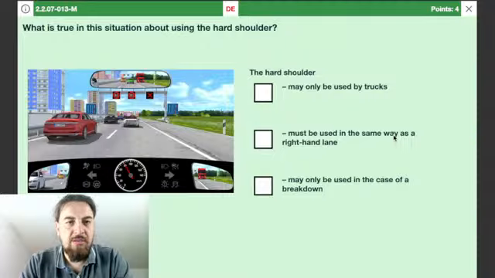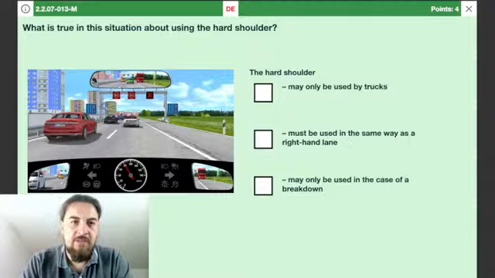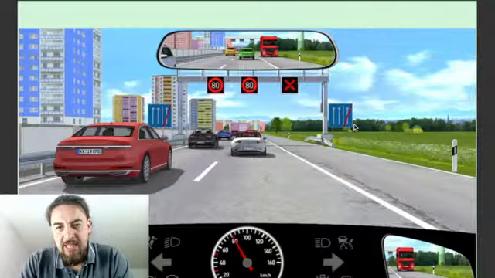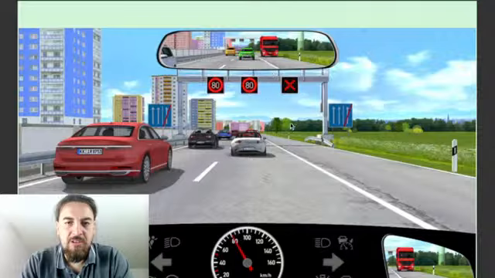What is true in this situation about using the hard shoulder? The hard shoulder may only be used by trucks. The hard shoulder must be used in the same way as a right-hand lane. The hard shoulder may only be used in the case of a breakdown. Okay, in that case, we have here the hard shoulder, and there that sign tells us we are not allowed to use it, and this one on top as well.